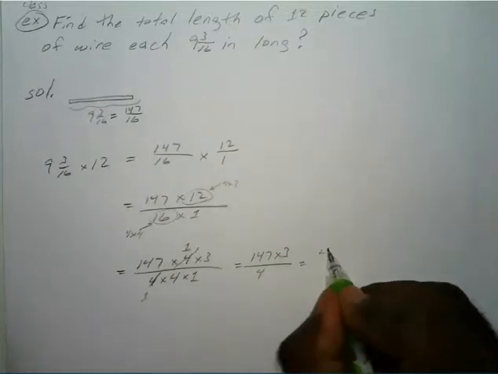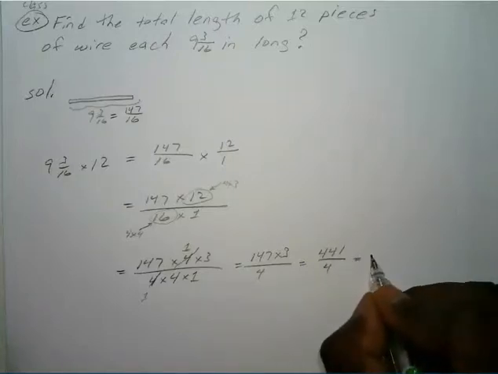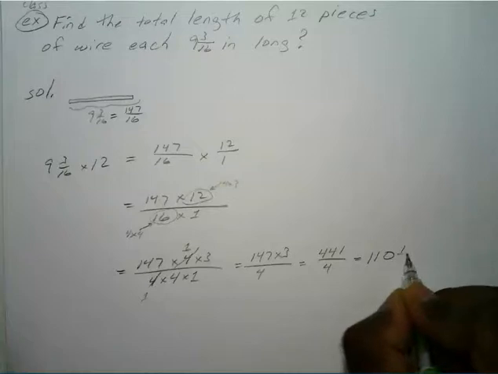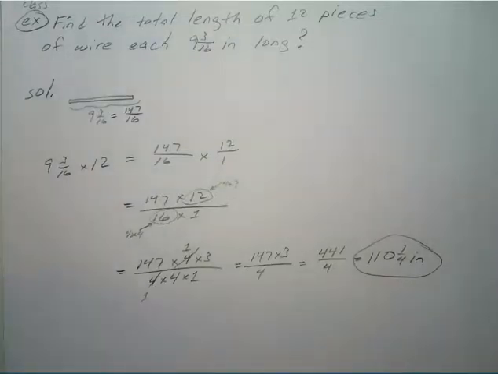So we end up with 441/4, which is 110 1/4 inches if we convert it to a mixed number. If you're still writing, by all means, feel free to press pause. We're going to move on to our next example.